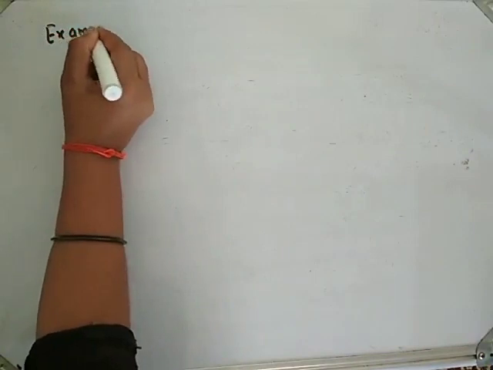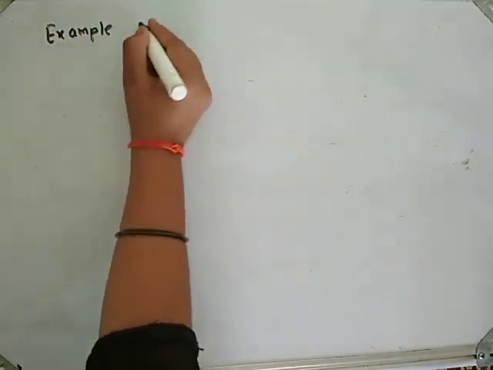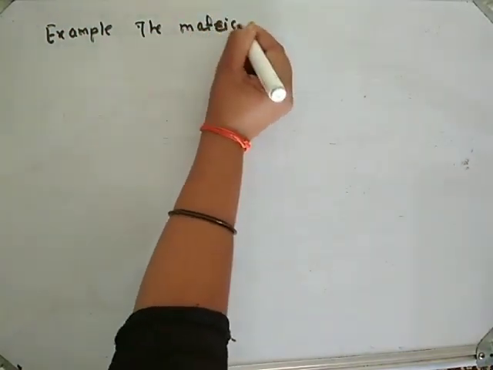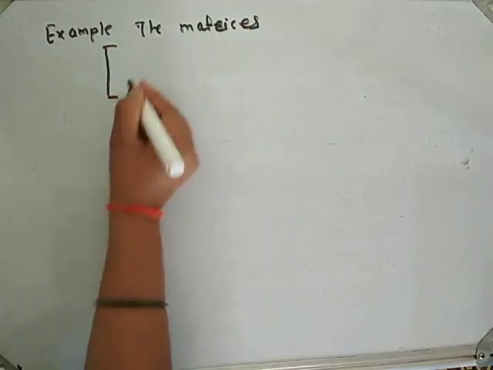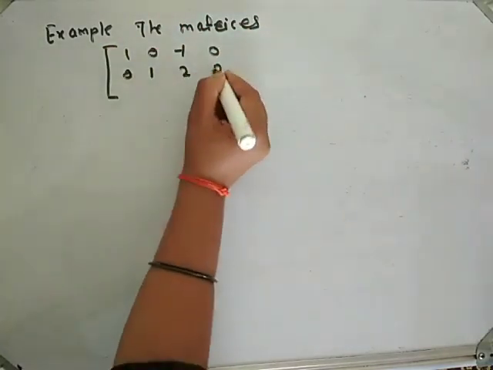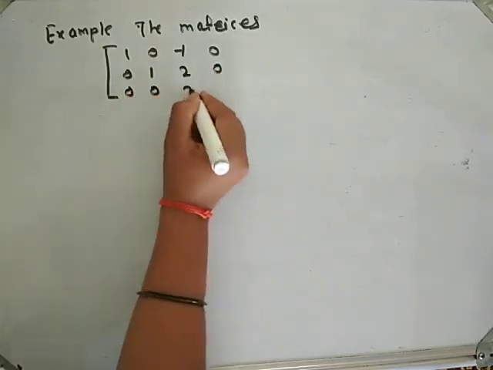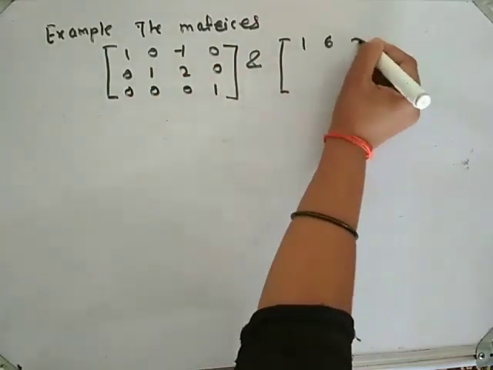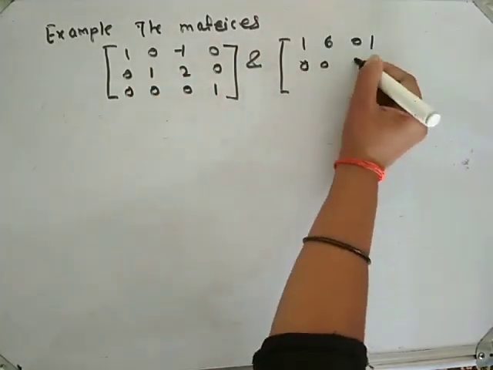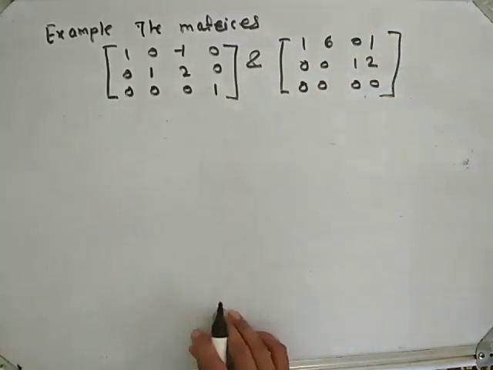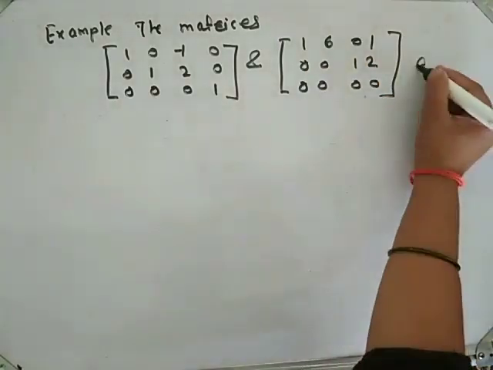Example, the matrices 1 0 -1 0, 0 1 2 0, 0 0 0 1 and the matrix 1 6 0 1, 0 0 1 2, 0 0 are examples of reduced row echelon form.